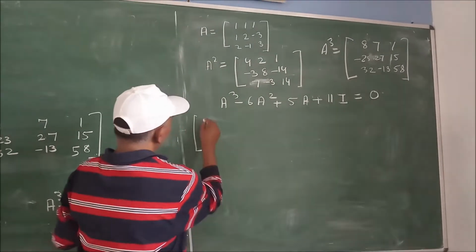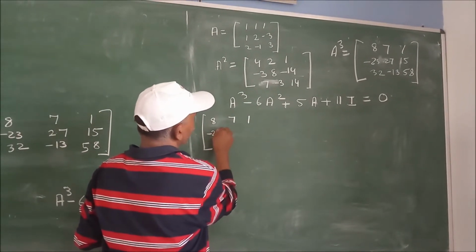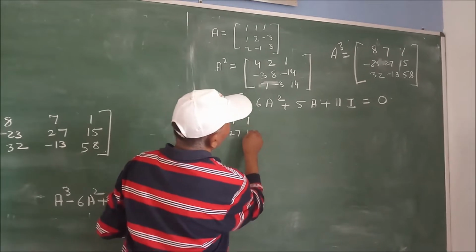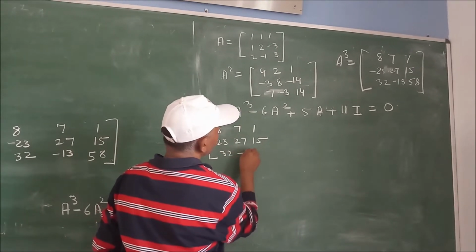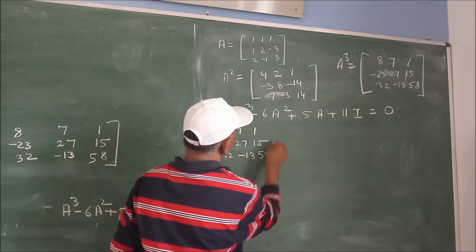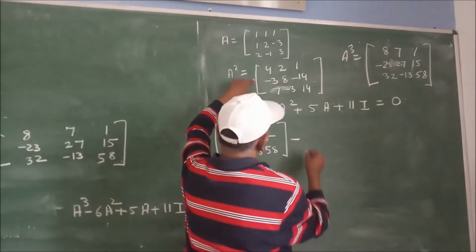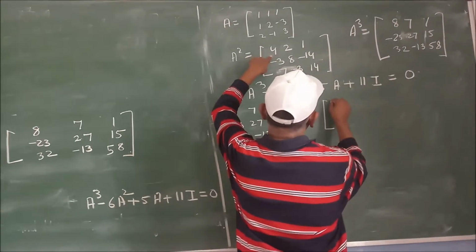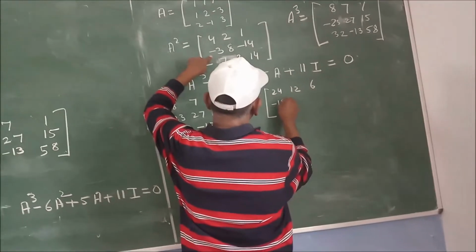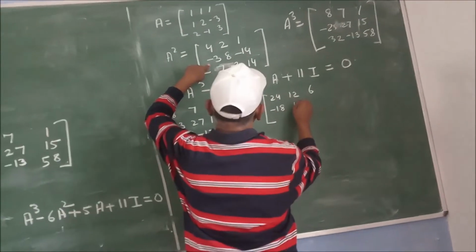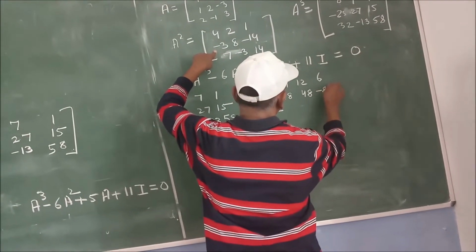So here A cube means [8, 7, 1; minus 23, 27, 15; 32, minus 13, 58] minus 6A square. A square is here, so multiply with 6. 6 into 4, 24. 12, 6 minus 18. 8 into 6, 48. 14 into 6, 84, minus 84.